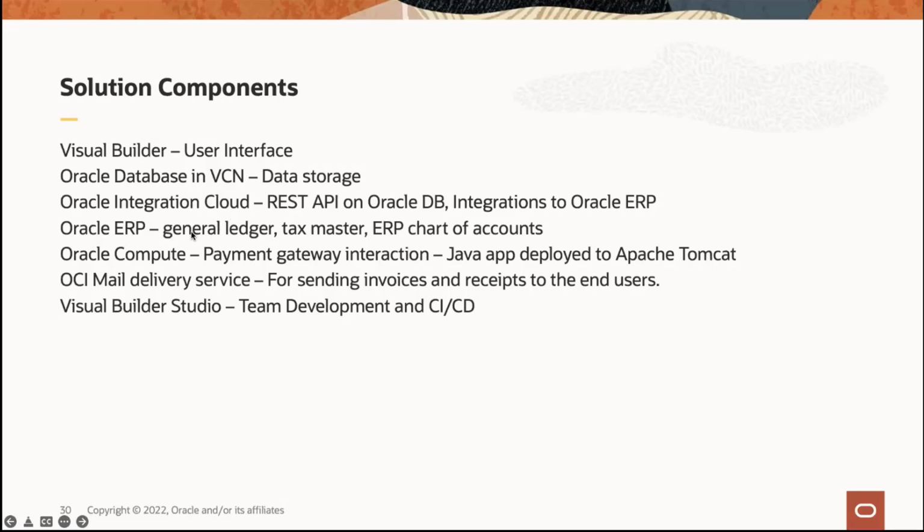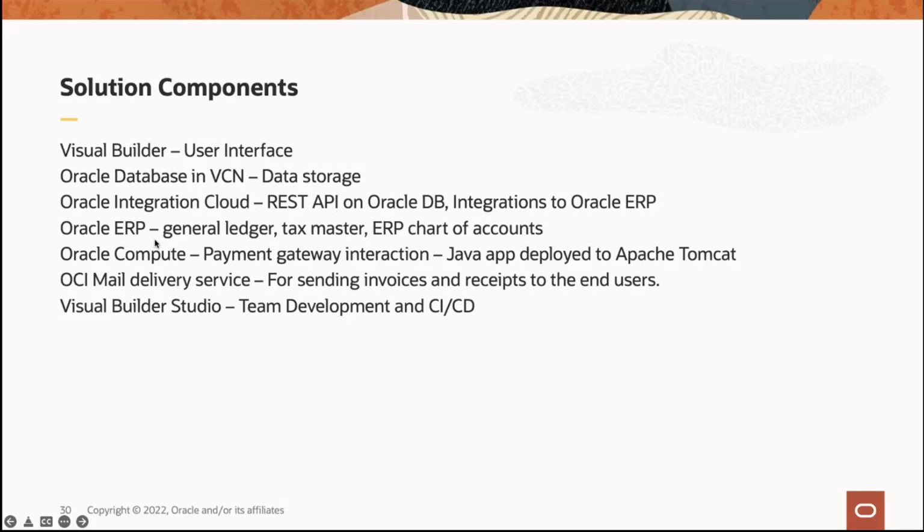And we use Oracle Integration Cloud integrations for exposing the REST APIs out of the Oracle database, and for the integrations to ERP to get any chart of account combinations or tax setups, or even sending back the general ledgers for the successful payments.